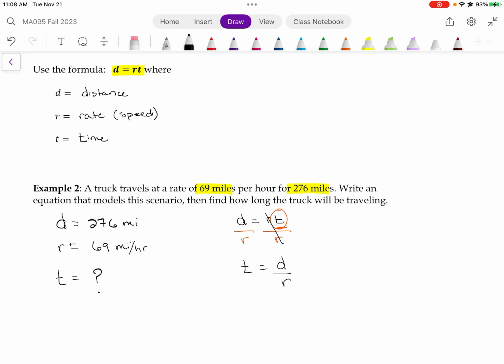T equals d over r. So now all I have to do is plug in 276 miles and 69 miles per hour, and I don't have any rearrangement to do with all those numbers and units and stuff like that because I've already rearranged it. And I'm going to get 4 hours. So he's traveling for 4 hours.